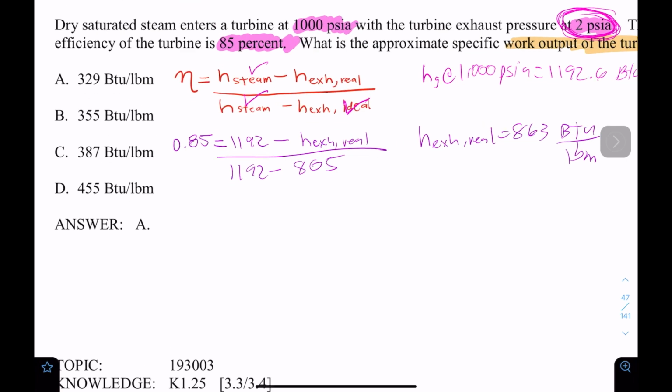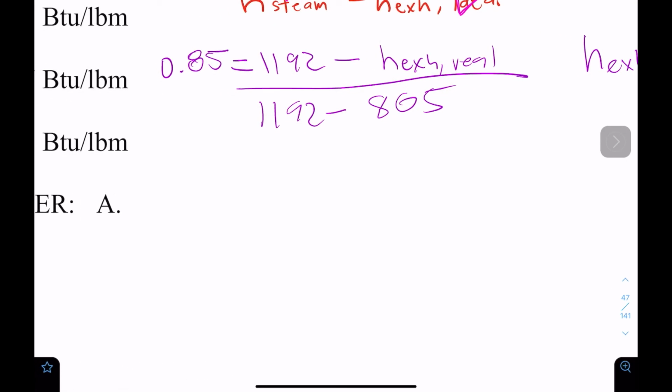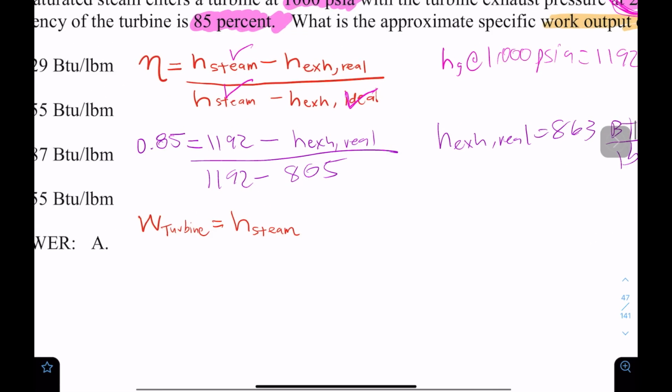So now, to calculate the work of the turbine, I use the enthalpy of the steam minus my real enthalpy.